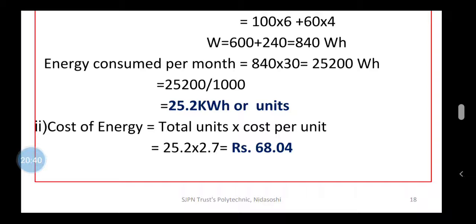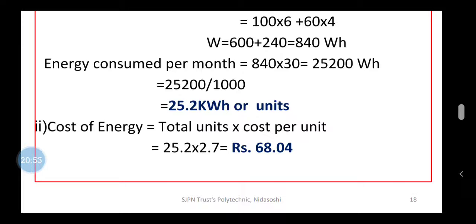So energy consumed should be converted from watt hour to kilowatt hour by dividing the value by 1000, so we get 25.2 kilowatt hour, or we can say 25.2 units.